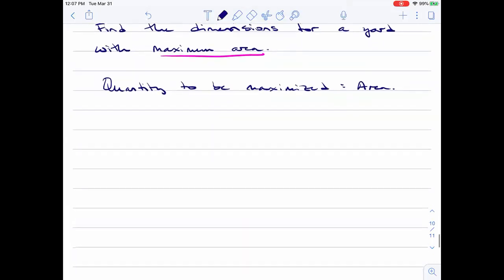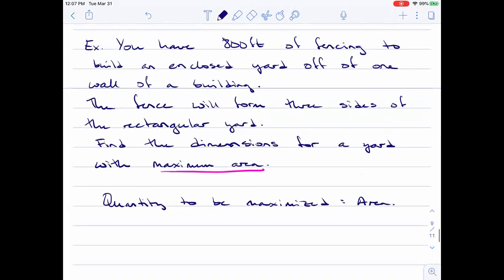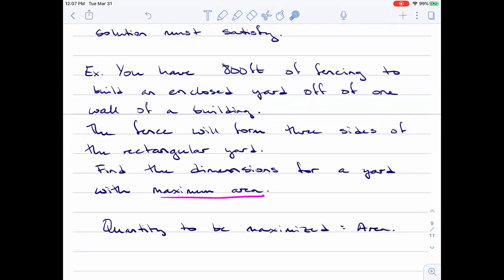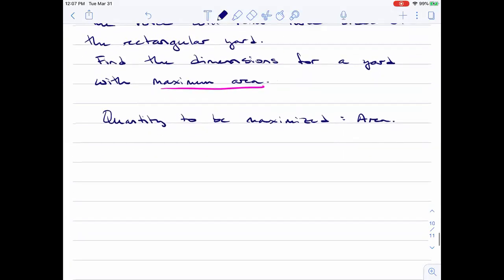Let's draw this thing out. For a lot of these optimization problems, the hardest part is figuring out what you've been given, what your constraints are, what you have to maximize, and then being able to draw it out and put it into some sort of function.